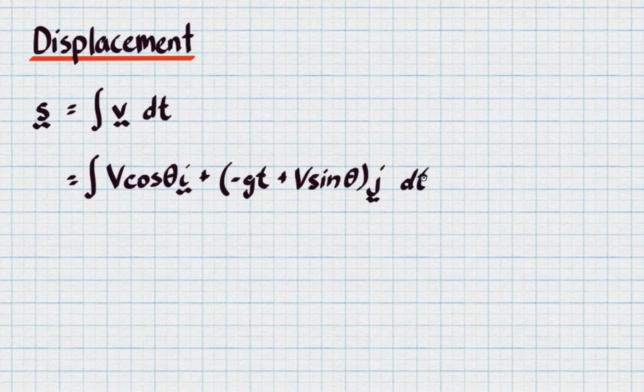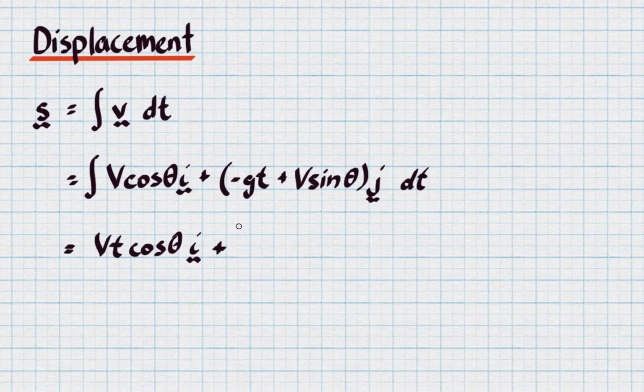Since v cos theta is just some constant, this part, when we integrate it, just becomes v cos theta times t, or commonly written as vt cos theta. So that's the horizontal part.